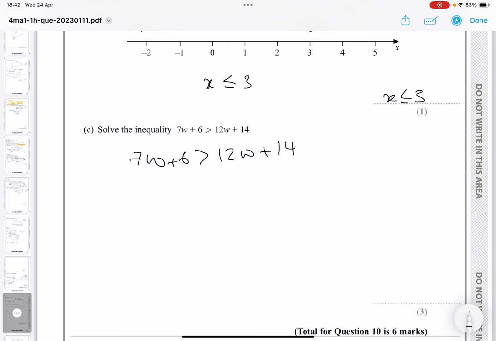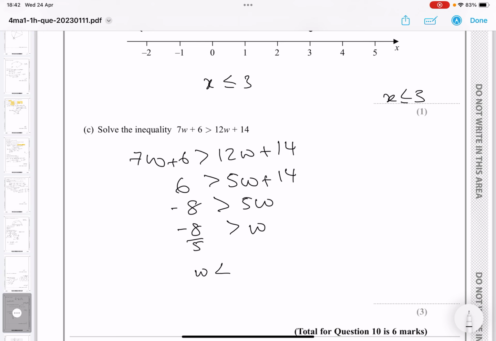The w always has to be positive. So if we subtract 7w from each side, that's going to give you 5w plus 14 is less than 6. And then if you subtract 14 from each side, it'll give you 5w is less than minus 8. Now, if we divide by 5 both sides, that'll give you w is less than minus 8 over 5.